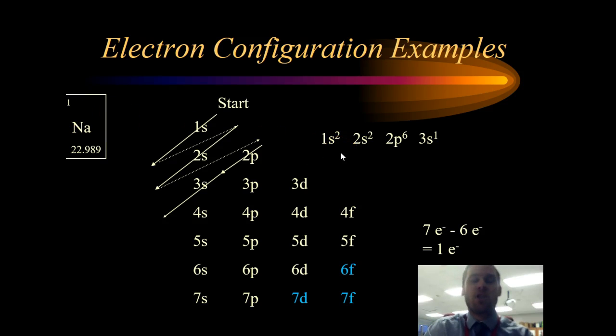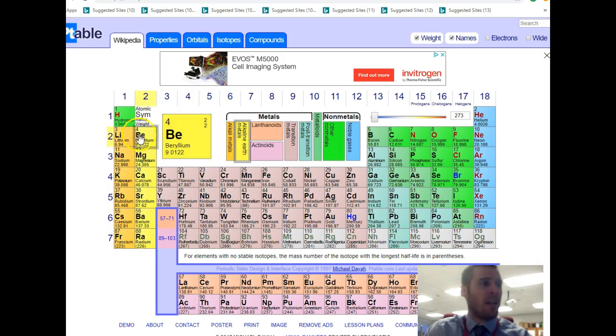A good way to double check that you're correct is to add up all the superscripts. 6 plus 1 is 7, plus 2 is 9, plus 2 is 11, and that should match your atomic number of 11 for sodium. If you look at your periodic table, again, sodium can be found right here. It's atomic number 11, and we are in row 3s1. Magnesium would be 3s2. This would be aluminum 3p1, 3p2, and so on.